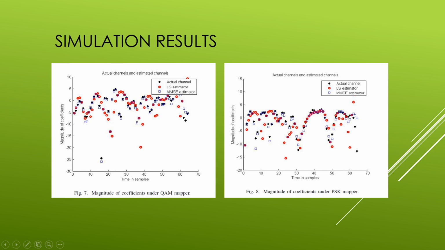One is called QAM, shown in the left figure, and another is the PSK mapper, shown in the right figure. As we can see, the result of the MMSE estimator is closer to the actual channel than the LS estimator.